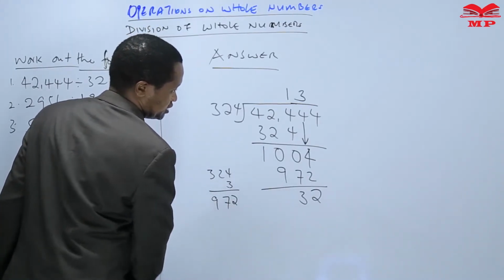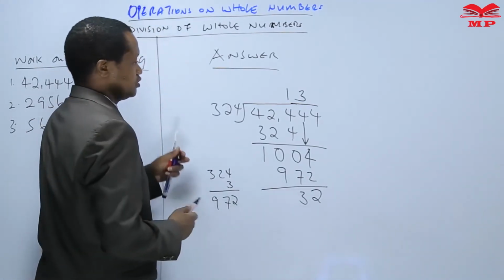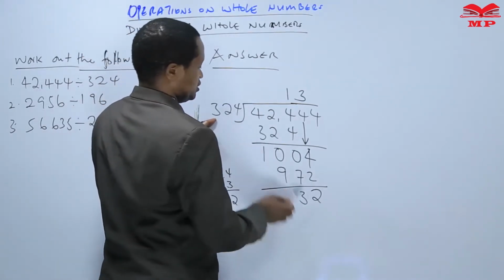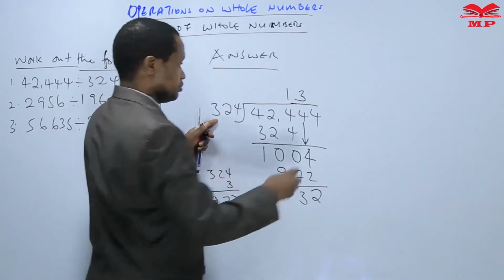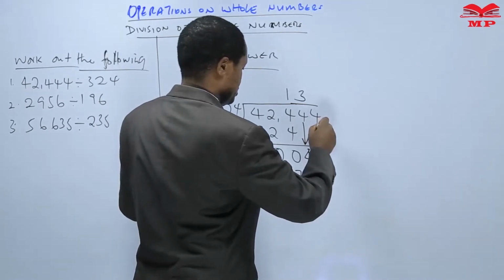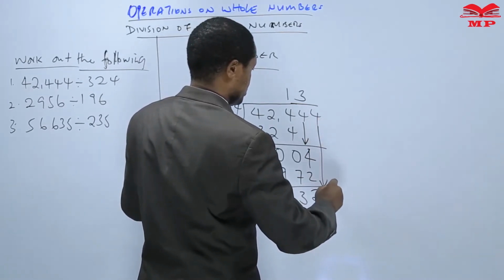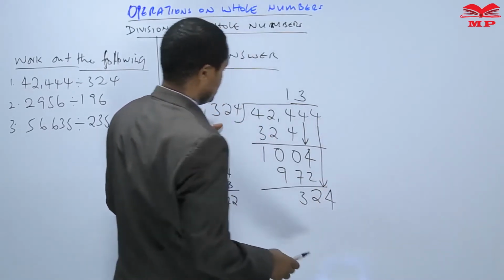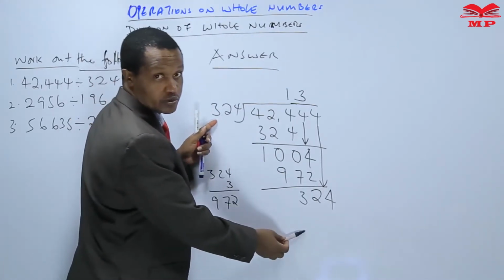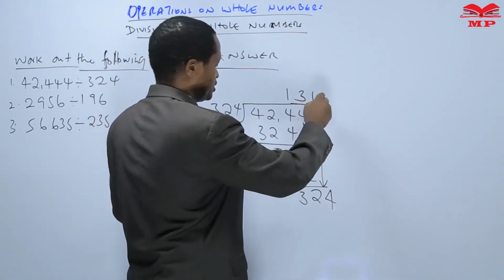The answer here is 32. 32 is less than 324, so we bring down the last 4. Then you can see 324 goes into 324 once.